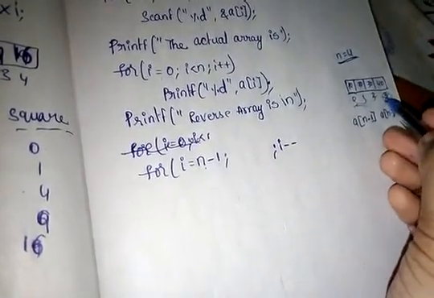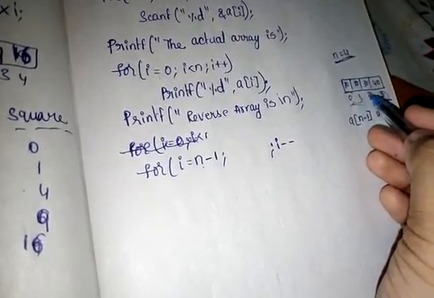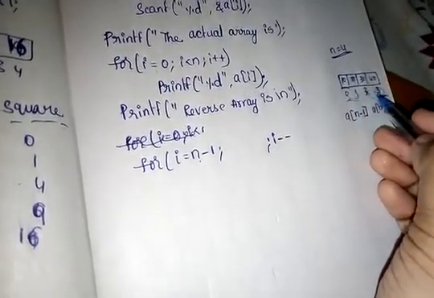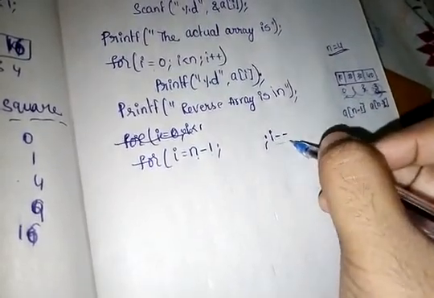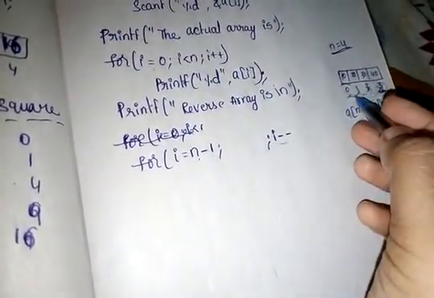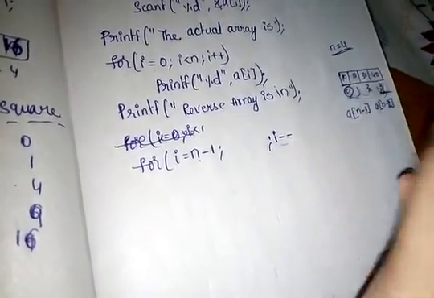So if you print index 3, then i minus 1 will become the previous element of the last element. So I have taken i minus minus. Up to when we need to continue? Until the i value reaches 0.